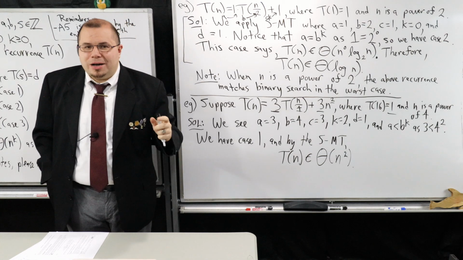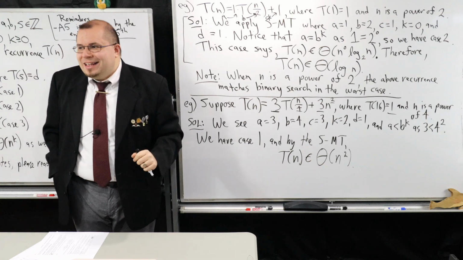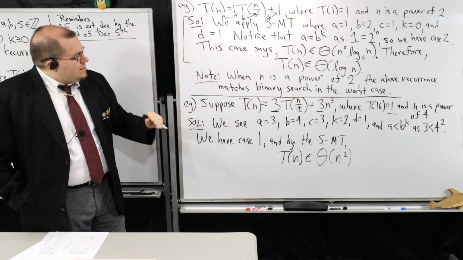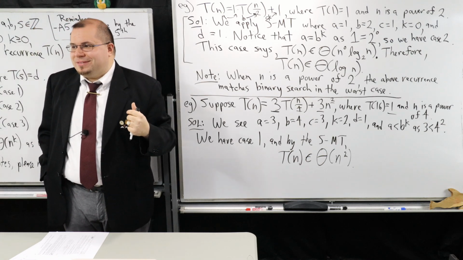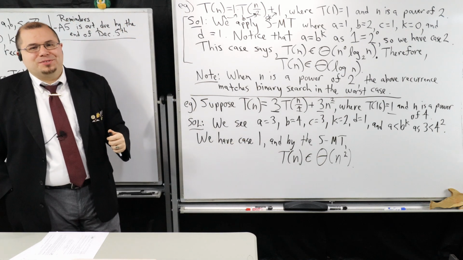That's why I showed you the recursion tree method, because sometimes it doesn't work very well, like my first example where I decrement down by 1 every single time. Notice that the simple master theorem's recurrence doesn't look like that. So I wanted to show you another way you can tackle those.